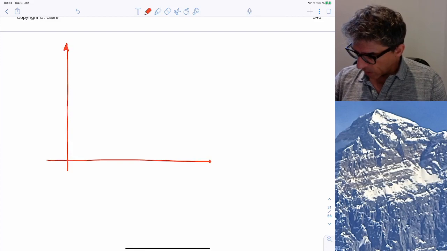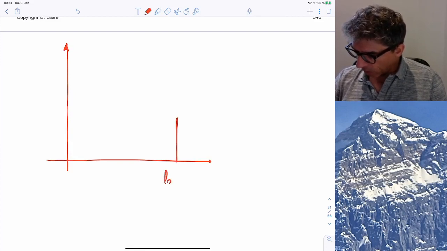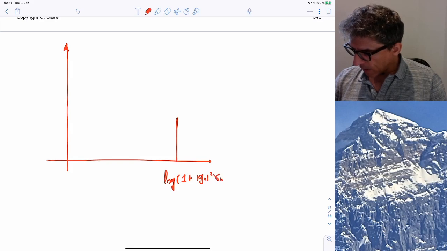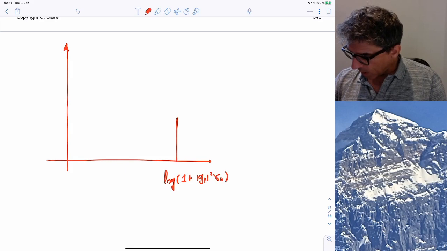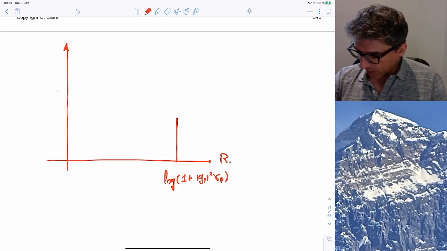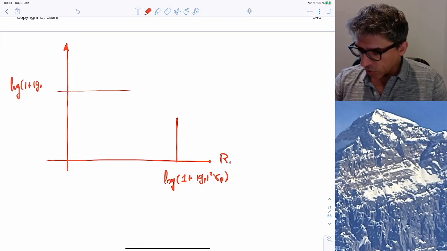So there is one rate constraint, let's say log of 1 plus G1 gamma 1, this is the rate R1. Then there is another constraint, let's say this is here, so this will be log of 1 plus G2 gamma 2.